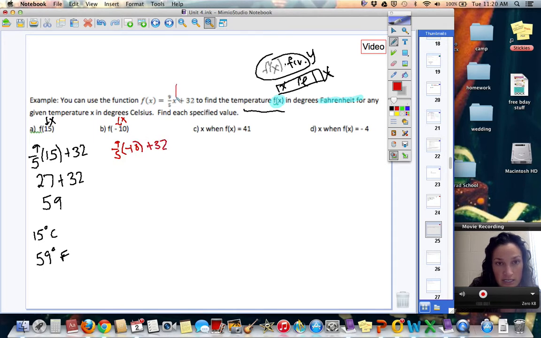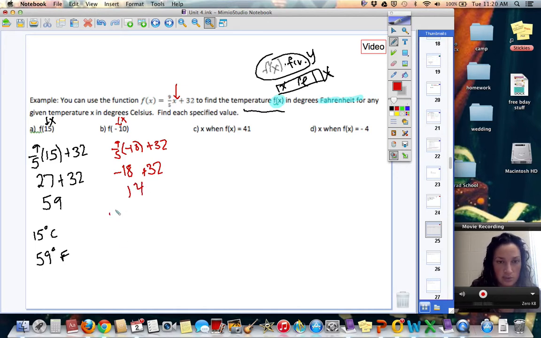I'm just plugging it in for that x. 9 times negative 10 is negative 90, divided by 5 is negative 18. Plus 32, you get 14.